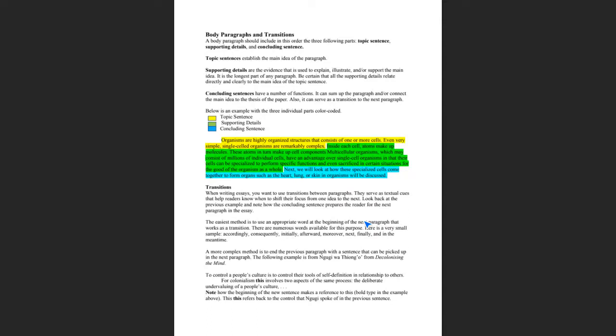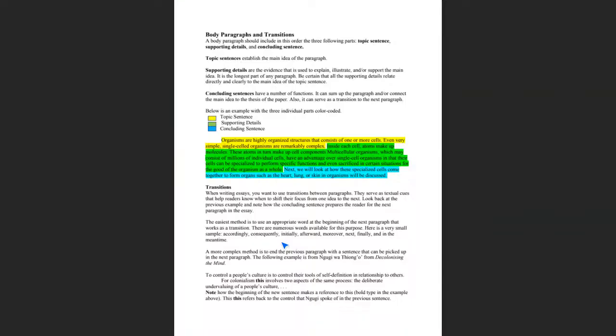There are two ways to do transitions. A very easy way is just to use a word such as next, accordingly, consequently, initially, moreover, finally. A more complex one is to pick up a sentence from the last paragraph and use that as a part of the next paragraph.